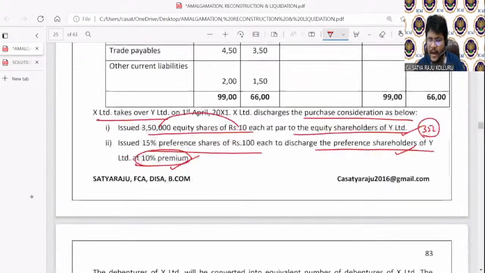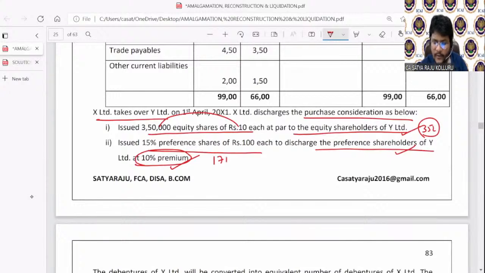So 17 lakhs into 110%, which is equal to how much, guys? 18.7 lakhs. So 35 plus 18.7 lakhs, how much? Which is 53 lakh 70,000, the total amount of purchase consideration.